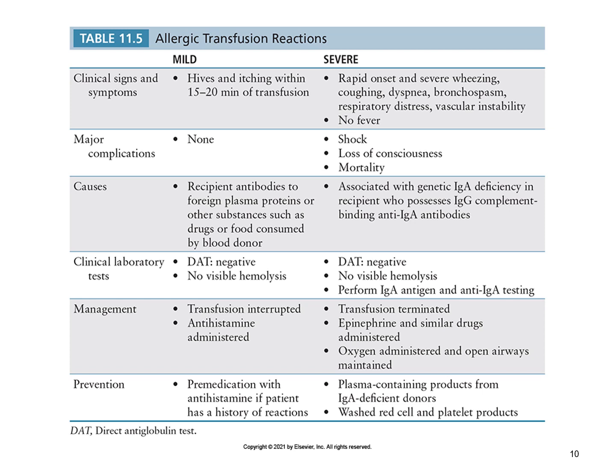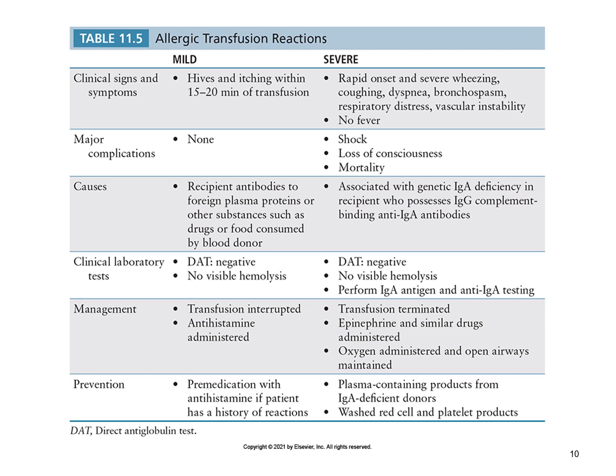If any sort of allergic type of reaction is suspected, of course the transfusion is going to be terminated immediately. The treatment from that point on will depend on the severity. It could be as mild as an antihistamine like Benadryl, or even administering something like epinephrine, as well as treating those symptoms.